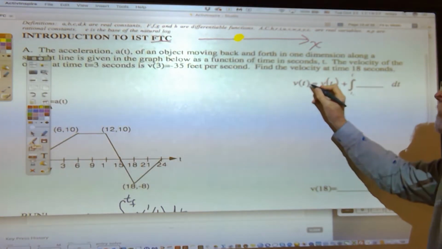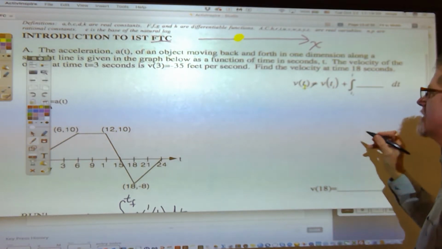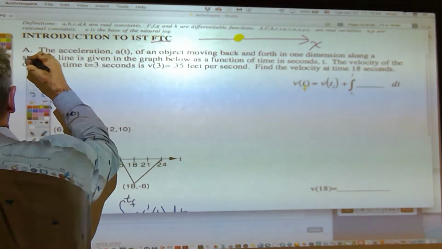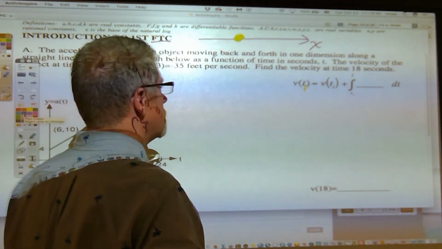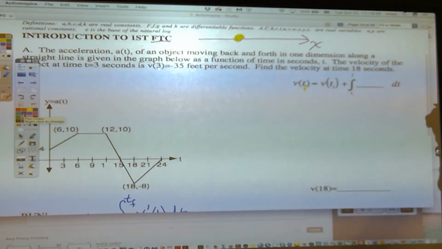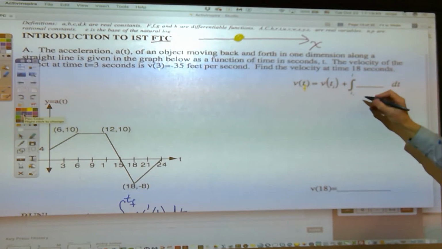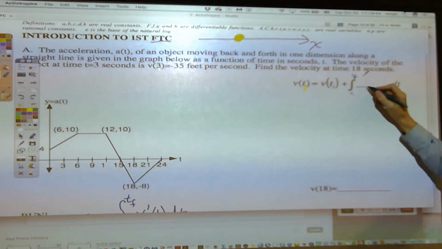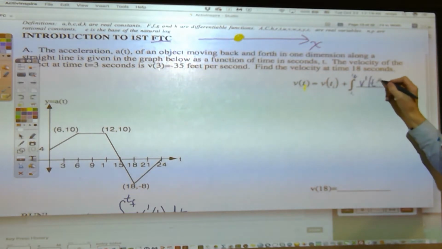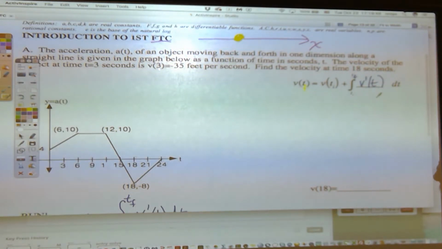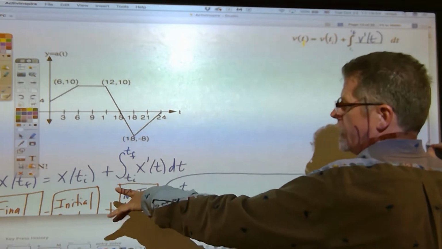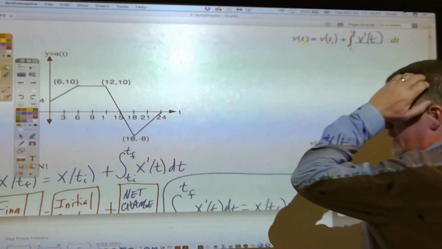You could even call it V of t final, with a little subscript f. V of t final equals V of t initial plus the definite integral from t initial to t final of v prime of t dt.